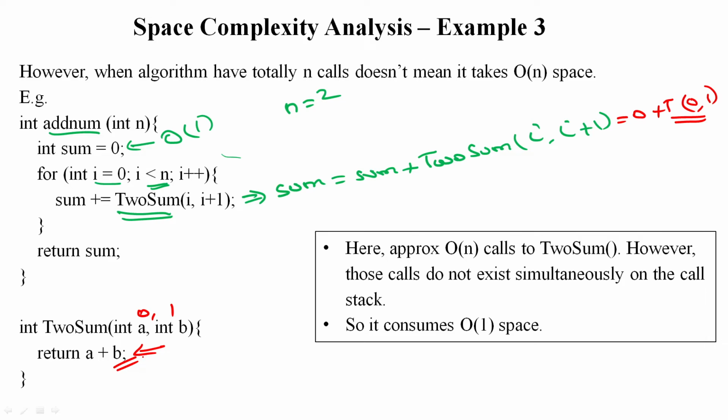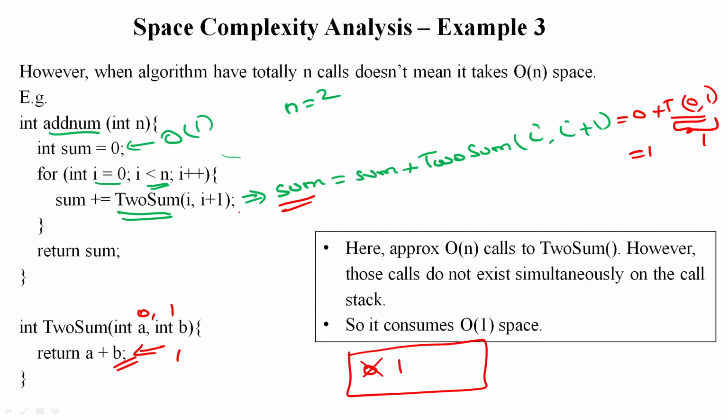These are the variables which consume memory location during the execution time. a plus b, so 0 plus 1, 1 is returned to here. So 1 is stored in the same memory location. Initially sum is 0, which is now overwritten by 1.